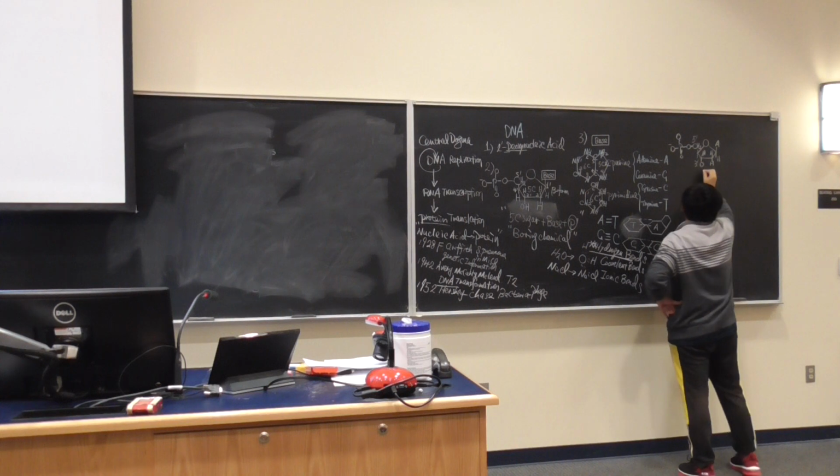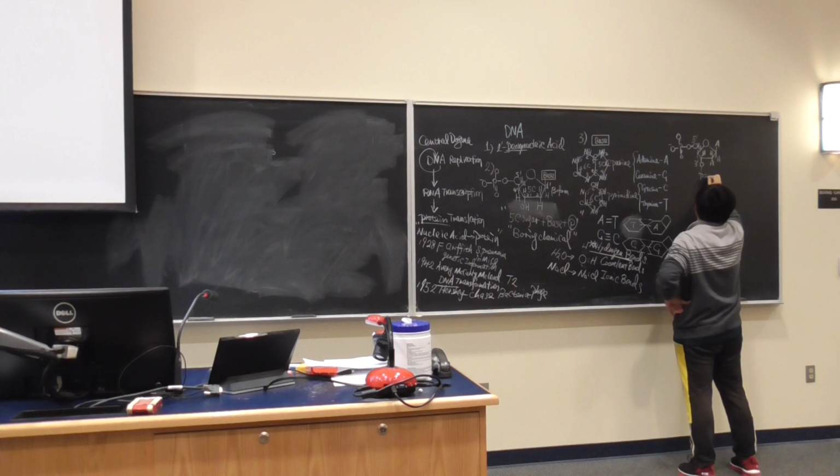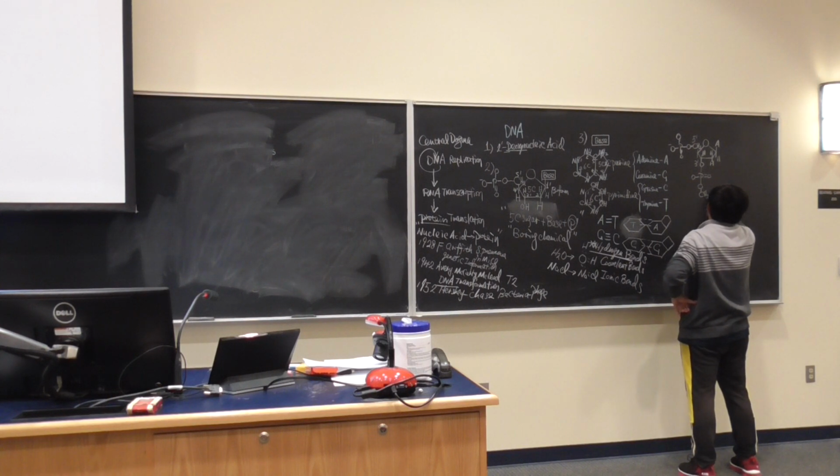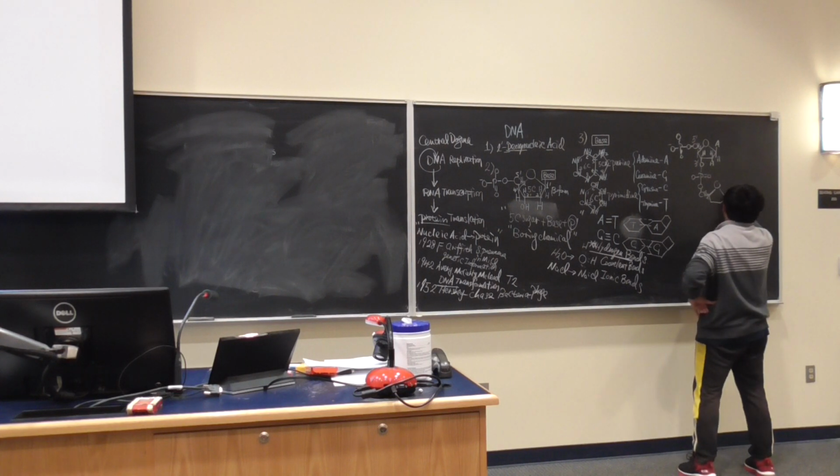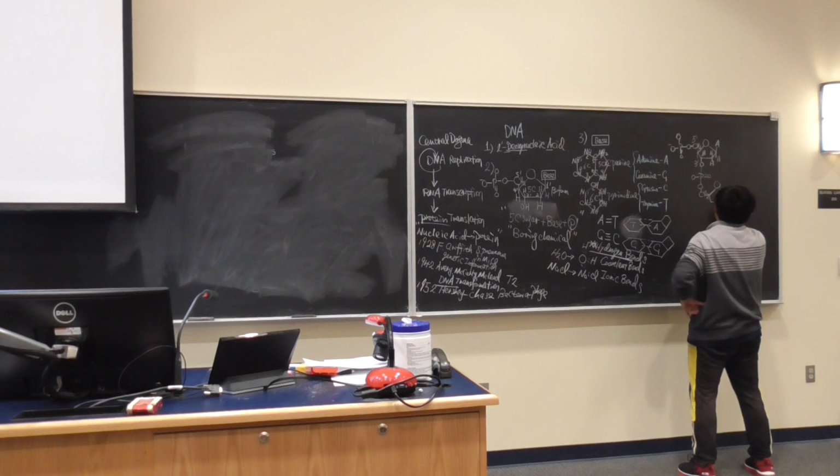This is 3 carbon. We go here is P, then go O, and then go CH2. And if we draw another one right here, this is going to be connective here. So we have the T, H, H, H, H, O.